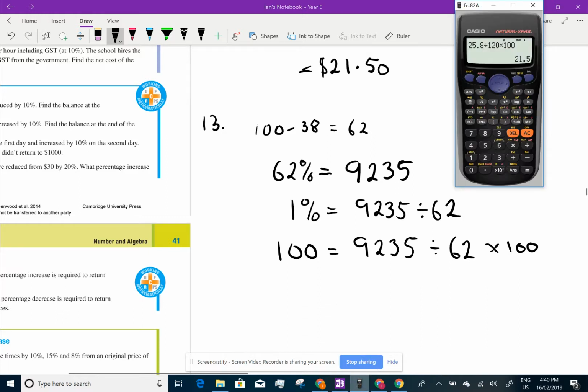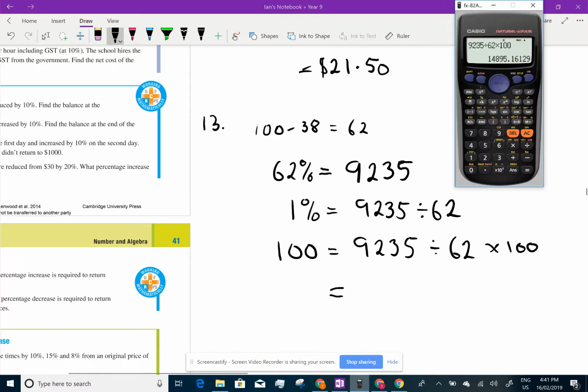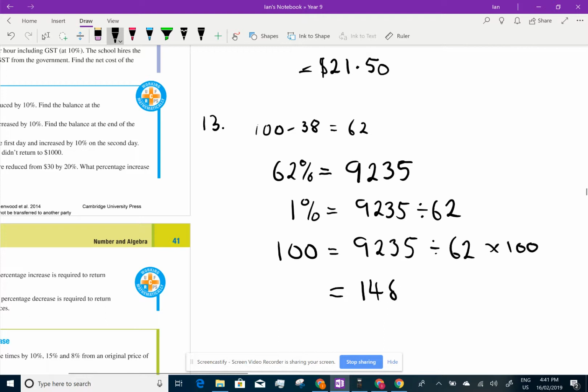And again, you grab your calculator. 9,235 divided by 62 times 100. So originally, the car was 14,895.16. Now, if you wanted to find out you were right, you just reduce that 14,895.16 by 38%.